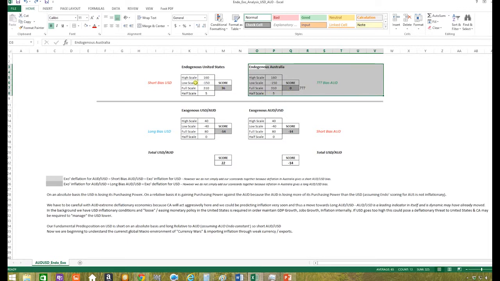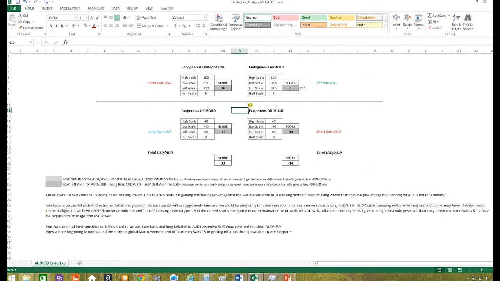So we're just saying in this overall analysis that endogenously Australia is contributing neither positively nor negatively to the overall analysis of Australia.